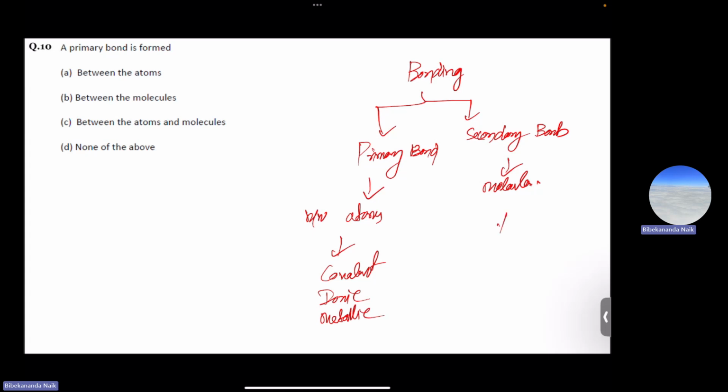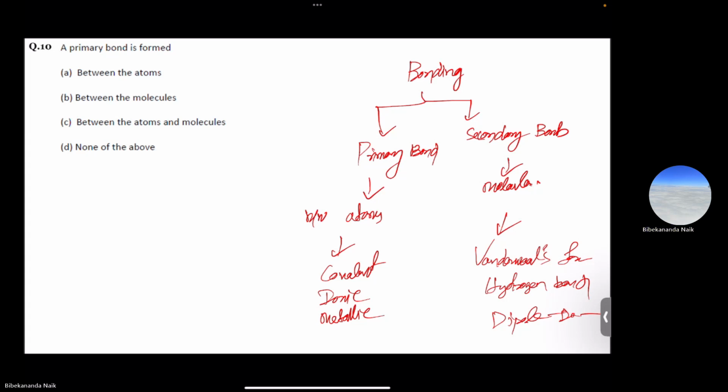However, the examples of secondary bonds are van der Waals forces, hydrogen bond, and dipole-dipole interactions.